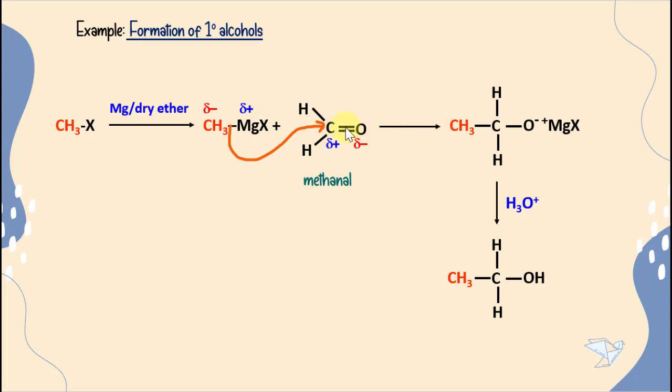The double bond here will become a single bond, where the two electrons in the pi bond will go to the oxygen, and then it will form an intermediate metal alkoxide complex. In the next step, the alkoxide intermediate is then converted to an alcohol through hydrolysis.